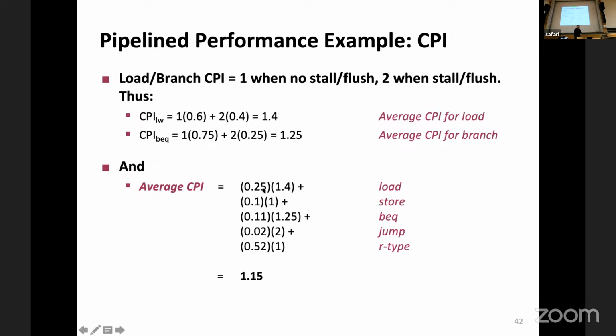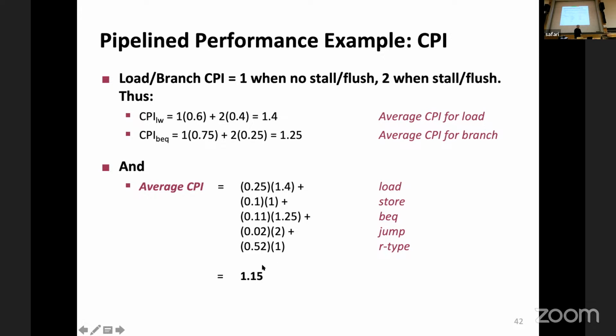You have 25% loads, and the CPI for load is 1.4. 10% stores, and the CPI is 1. 11% branches, BEQ, where we also calculated the average CPI, 1.25. 2% jumps, and the CPI for jump is 2. And 52% are R-type, where the CPI is 1.